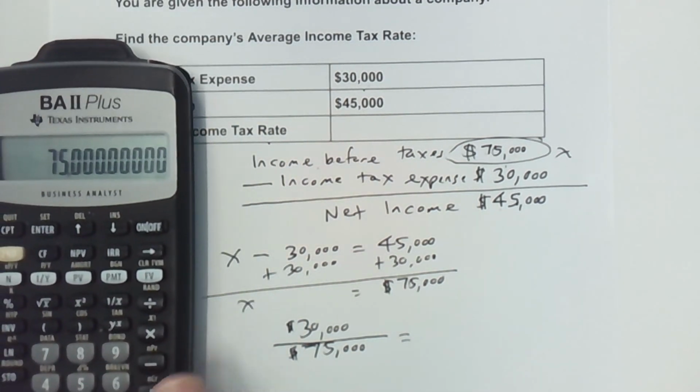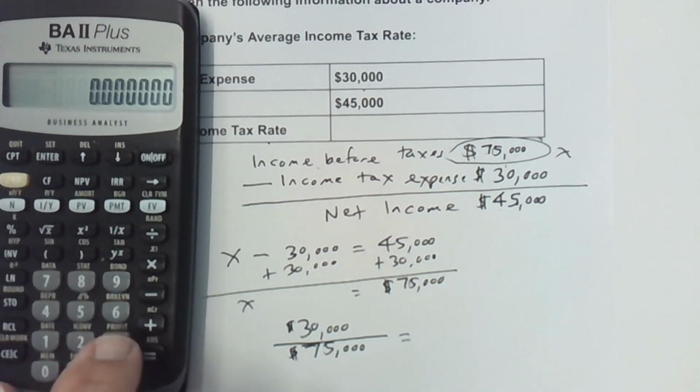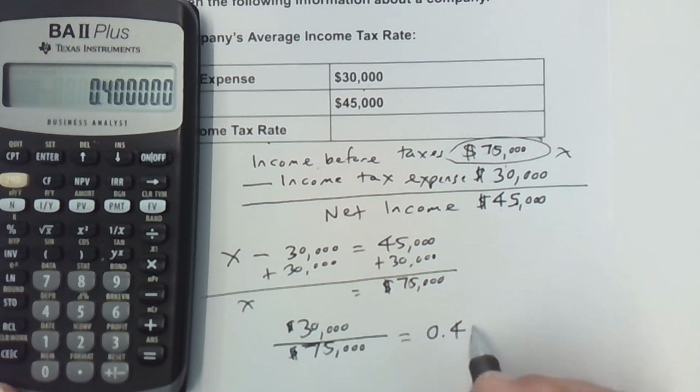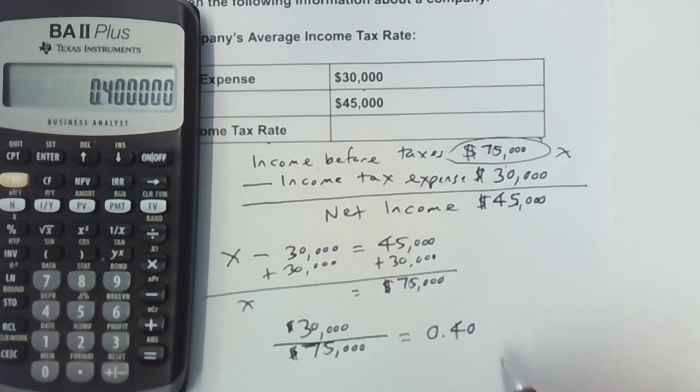So let's put that in. I'm going to clear this just to make it as clear as possible. I put in my numerator 30,000 and I divide, because it's a division problem, by 75,000. That gives me 0.40 as my average income tax rate. It's a decimal, and as I told you, I want this as a percentage.